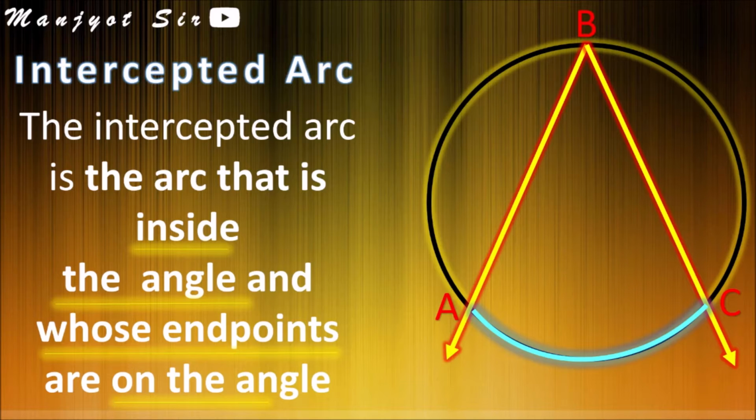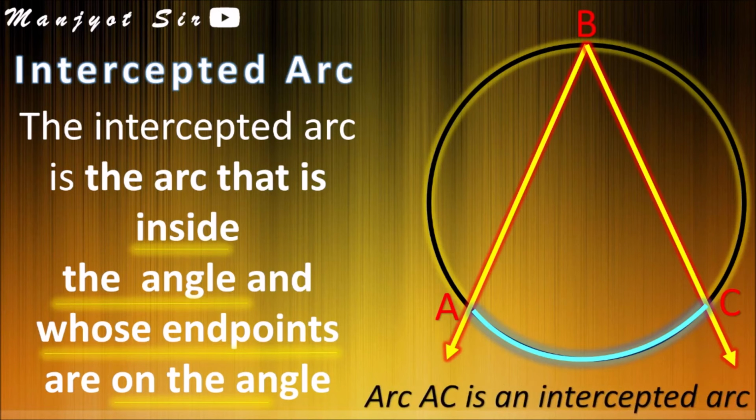That means firstly this arc should be inside that angle, and secondly the endpoints of this arc should lie on the angle. Observe, the endpoints of arc AC are point A and point C. These endpoints are on the angle. So whenever we have such a condition, such an arc is called an intercepted arc. I hope everyone is clear with intercepted arc.